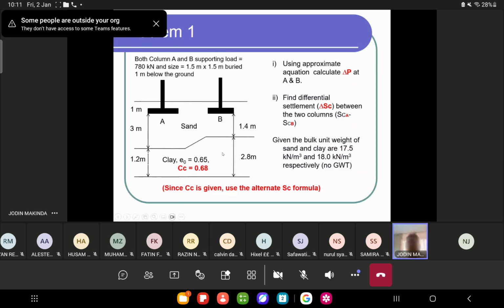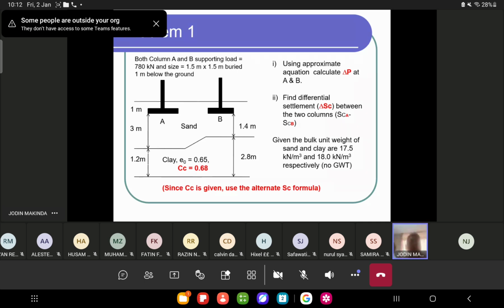Now, what is the special thing about this case? You look into the thickness of sand in column A and B, and the thickness of the clay in column A and B. They are not similar, they have different thicknesses.